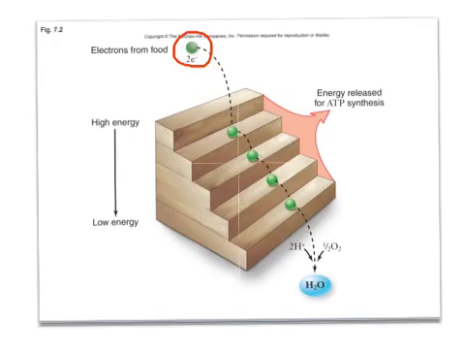You can envision every one of these steps as an enzyme that's using a little bit of the energy contained within the electrons to do the pumping of the protons, which we'll get to later. So that's the graphical representation of the electron transport chain.